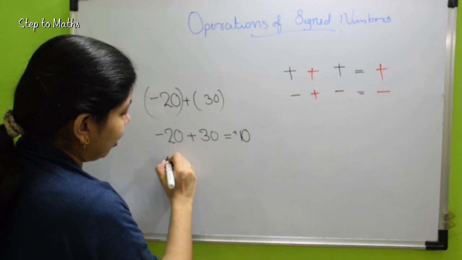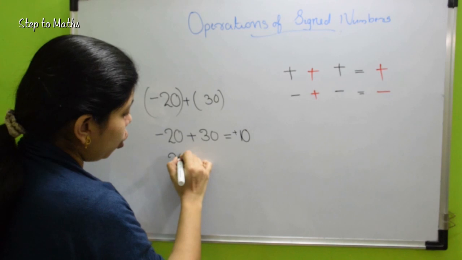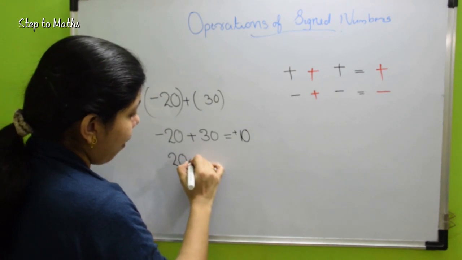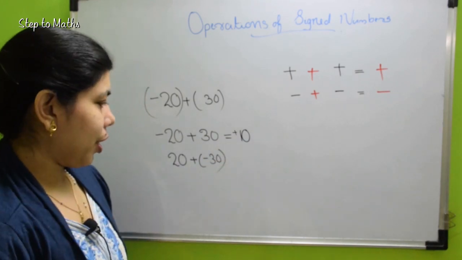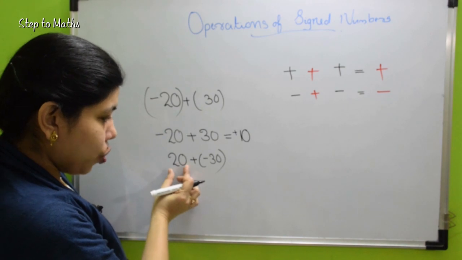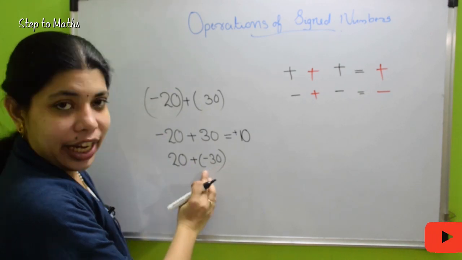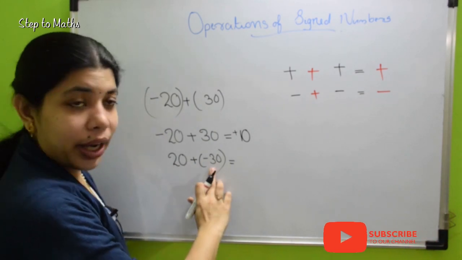Suppose the numbers are 20 plus minus 30. Here the 20 is a positive number, 30 is a negative number. So one number is positive and one number is negative.